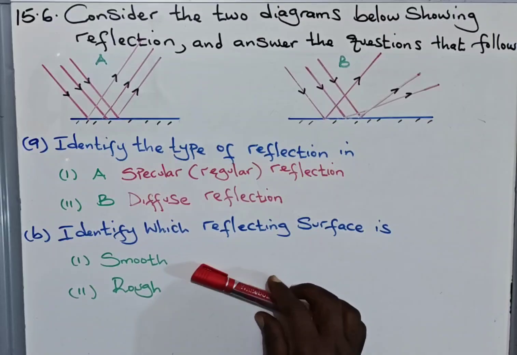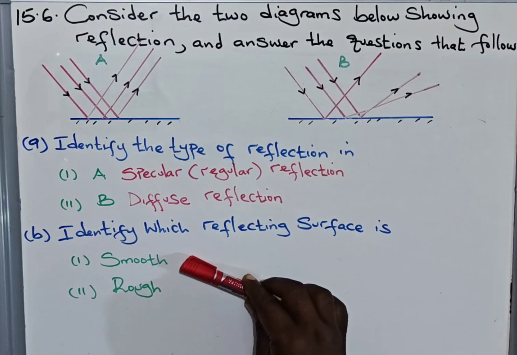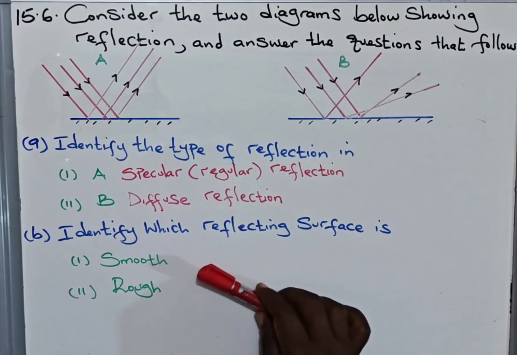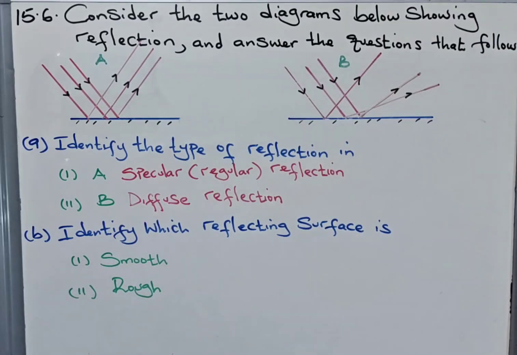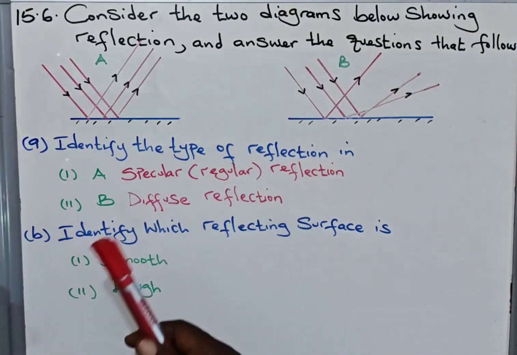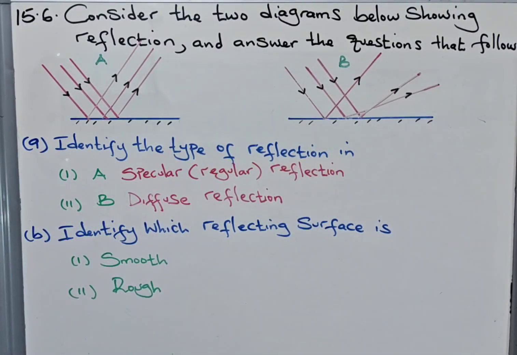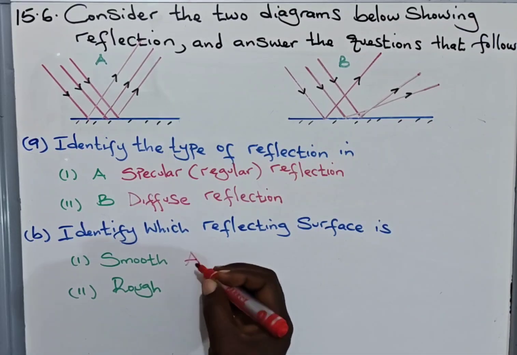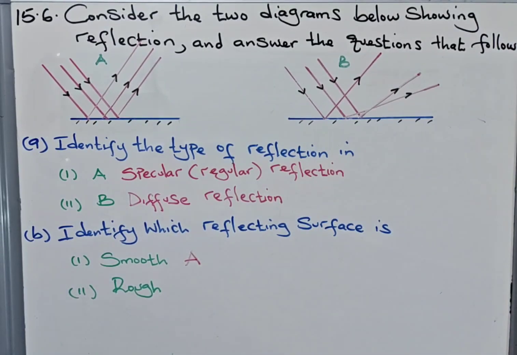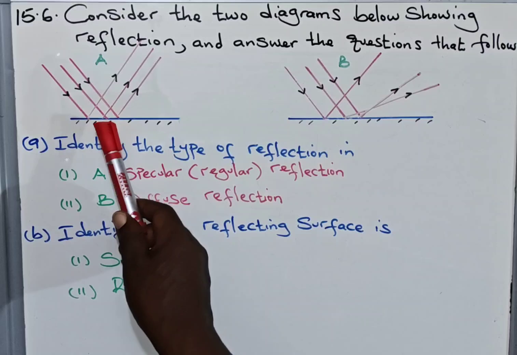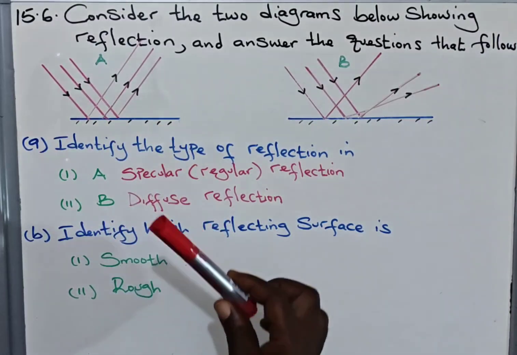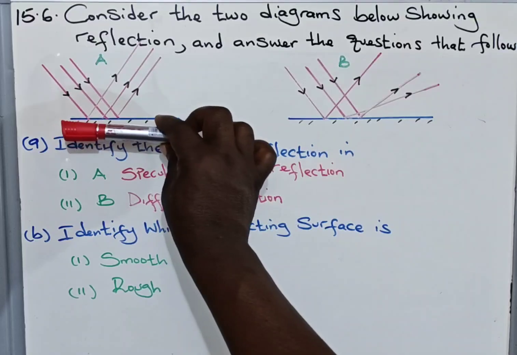Then we come to this question. It says identify which reflecting surface is smooth. Which of the reflecting surfaces is smooth? Answer is A. What we observe in A, the regular or specular reflection, is because of the surface being perfectly smooth.